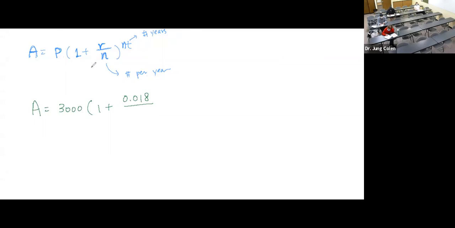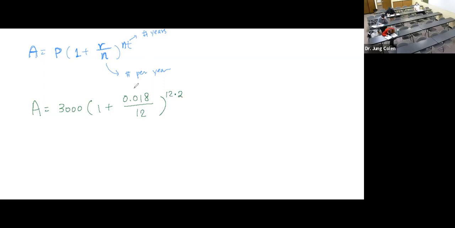So how many times? 12 times, because each month you get the interest. So that N is still 12, for how many years? T after 2 years, so T is 2. Does it make sense? Okay.